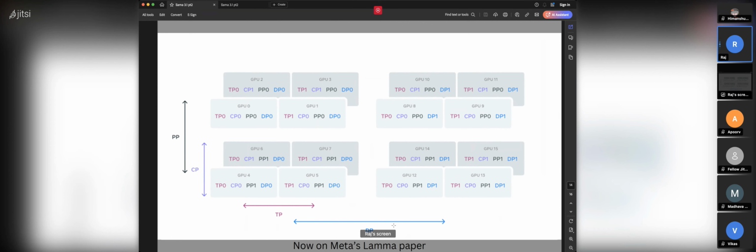There is tensor parallelism, which means larger matrix multiplications are divided into smaller parts. There is context parallelism, which means large sequences are divided into smaller parts. And then pipeline parallelism, ensuring that your batches are divided into smaller parts, so that there are no compute bubbles in the GPUs over which you have distributed your compute.